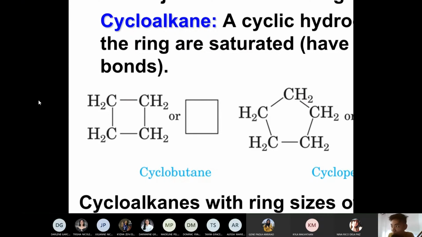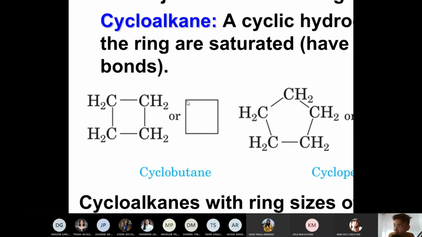Okay? So 4 na carbon, ano yung prefix? But, no? Ito ay alkane, butane, no? And cyclic siya, pa-circle siya. So, cyclobutane, no? Okay, ano pa kailangan natin malaman dito? We should also be able to determine the hydrogen count for each carbon atom, no?